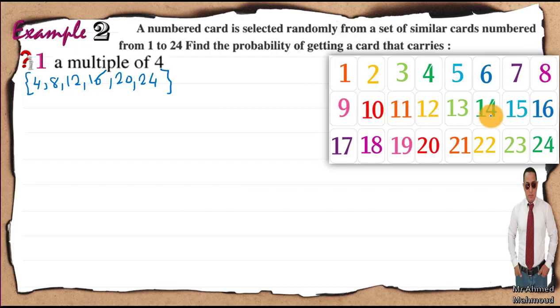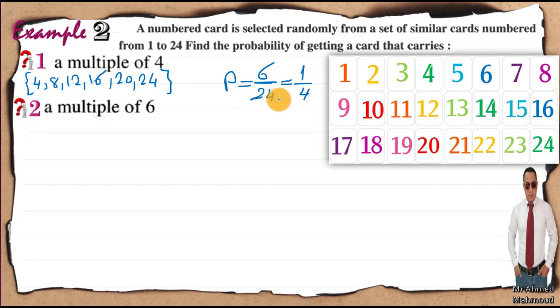All these numbers are divisible by 4, so they are called multiples of 4. Here the probability equals what? The probability equals 6 over 24 equals 1 over 4.